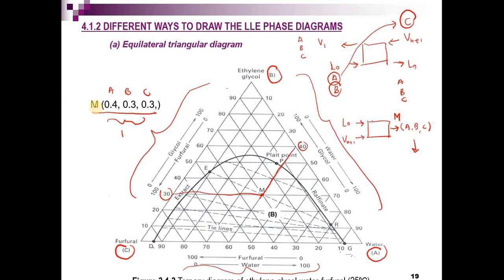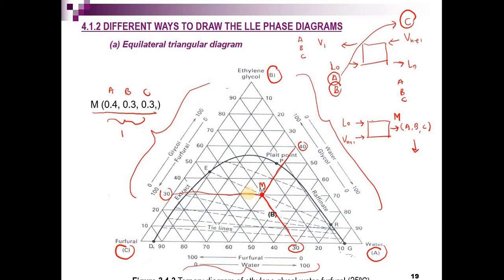And C is 0.3, so you go to the axis for C, you find 0.3, so this is the axis for 0.3. So this is the coordinate for M. This is how we locate the composition fraction inside the triangular diagram.